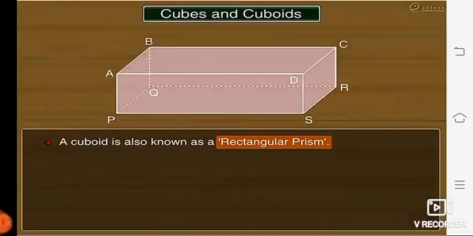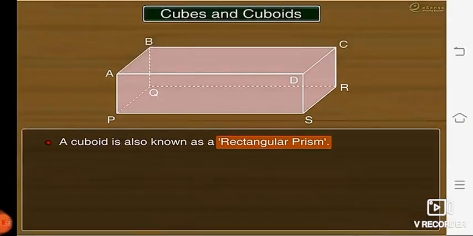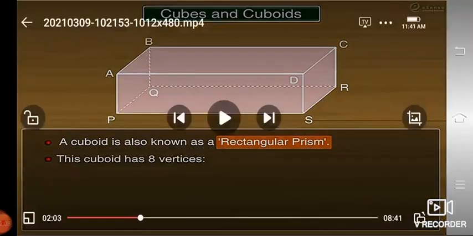Now we will study some of the properties of a cuboid. Before that, I want to tell you that a cuboid is also known as a rectangular prism. Now we will study some of its properties. A cuboid has 8 vertices.